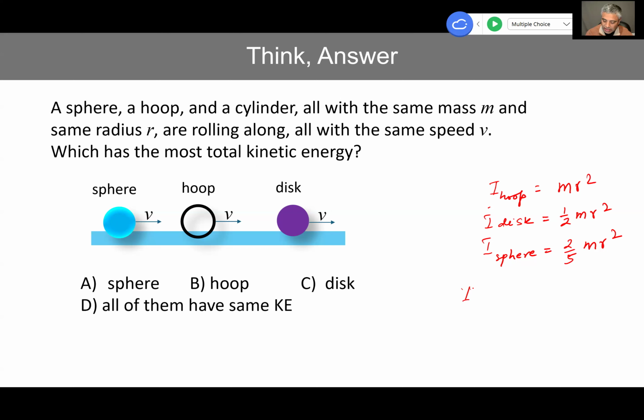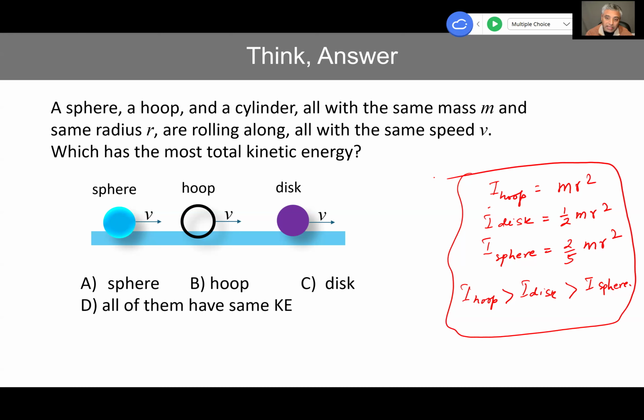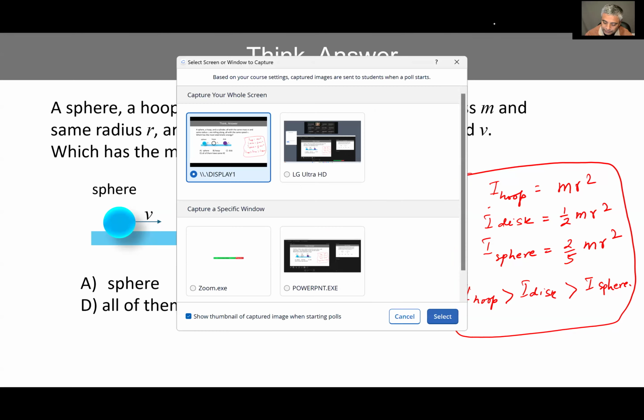So that means I hoop is bigger than I disk, and I disk is bigger than I sphere. Right? So that's what we have learned. I think it's going to be helpful if you can keep that in your head. Okay, so with that, I'm going to open the poll.